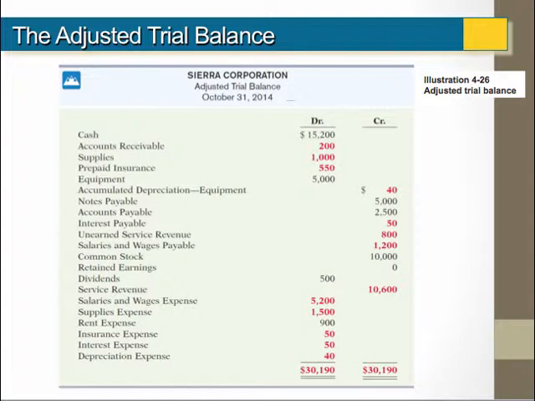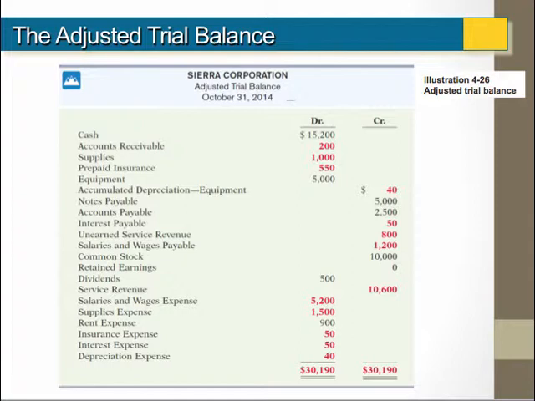We could look at the notes payable account all the way down to the salaries and wages payable account, and those are all our liabilities. We could take the common stock, retained earnings, and dividends and those would be our stockholders' equity. We could take the revenue account of service revenue as our revenues and our salaries and wages expense all the way through depreciation expense to create our income statement.